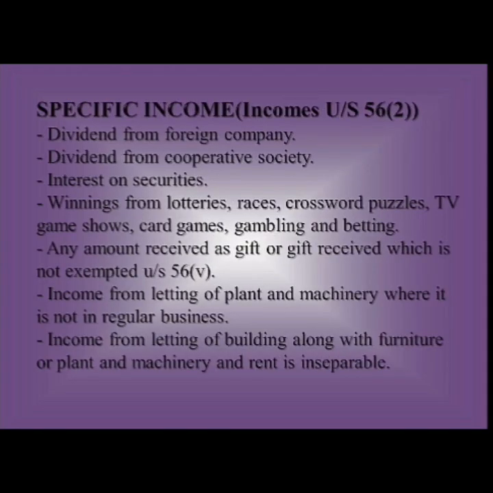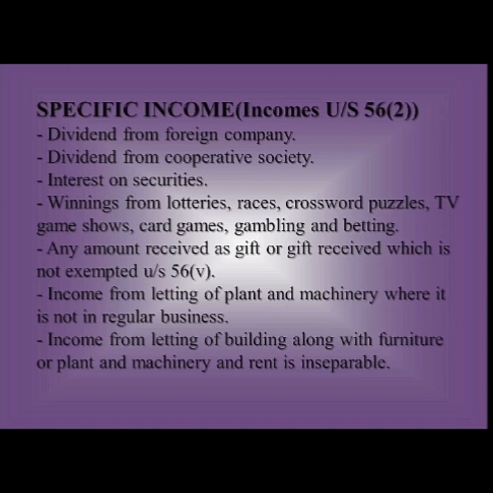Specific income under section 56 subsection 2. Following are the examples of specific income: dividend from foreign company, dividend from cooperative society, interest on securities, winnings from lotteries, races, crossword puzzles, TV game shows, card games, gambling and betting.